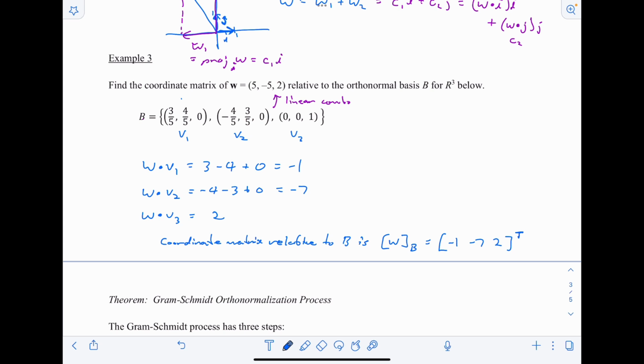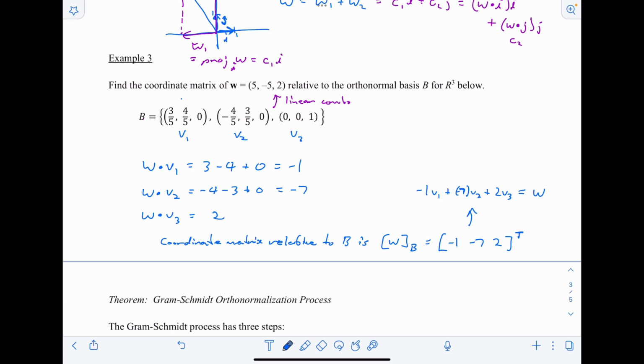But what this is saying then is that if you take negative 1 times V1 plus negative 7 times V2 plus 2 times V3, that will give you the vector W. So these are the scalars that we would need to create the linear combination that produces W. Okay.